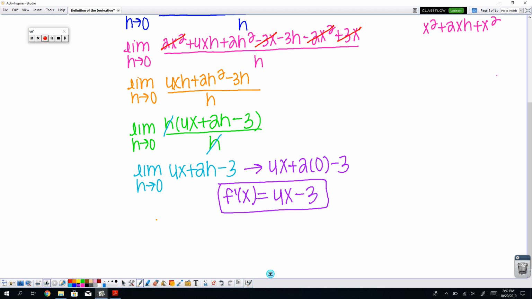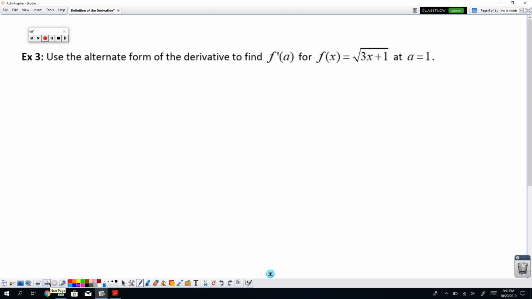Okay? Now we're going to do the alternate form of the derivative. So, the alternate form of the derivative that I normally use looks like this. It would say the limit as x approaches a of f of x minus f of a over x minus a.